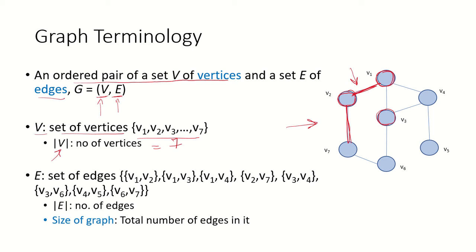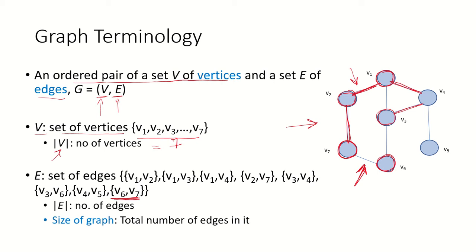Similarly, all the connections which are present between two vertices will come in the set of edges. An edge is always represented by the two vertices it is connecting. So this particular edge is connecting vertices V7 and V6. So we can say that this is the edge that we are referring to.